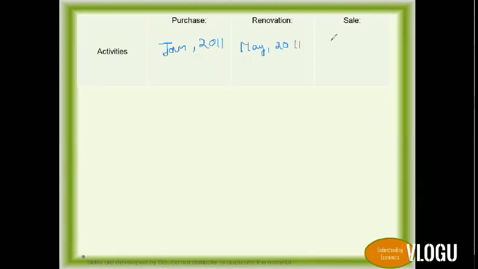Now, for the first question, the selling year is January 2012. If you look at the time gap between the selling and the purchasing time, it is less than 2 years. Less than 2 years means it is a short-term capital asset, short-term capital gain.